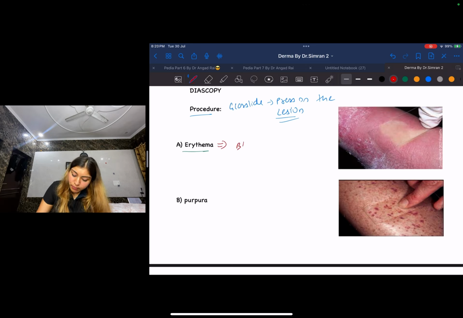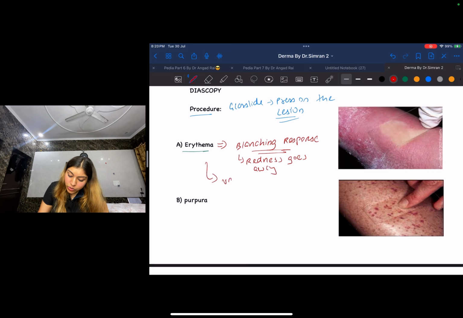It is called a blanching response. Blanching response meaning that the redness goes away. In simple words, redness goes away. And why is this happening? This is happening due to vasodilation.